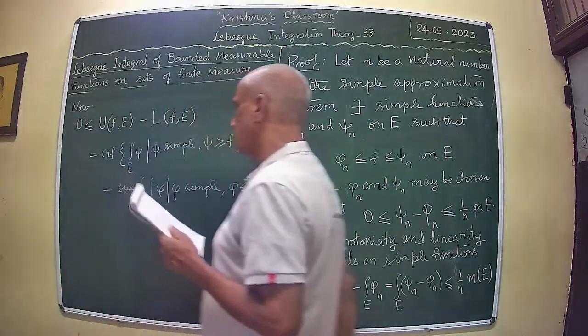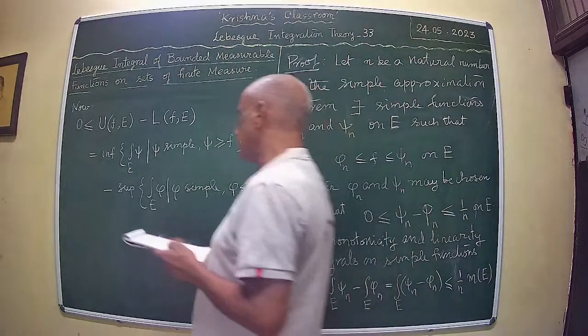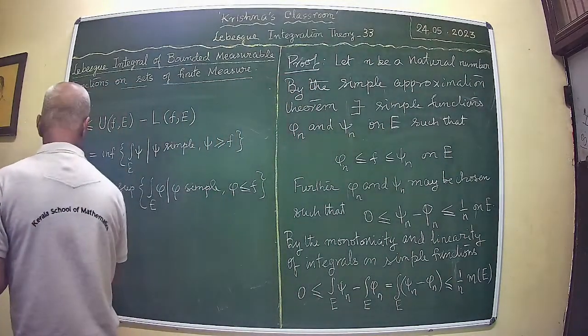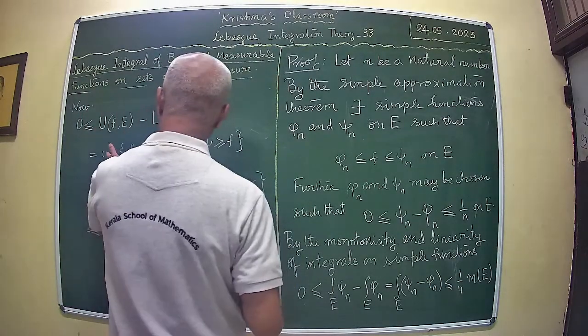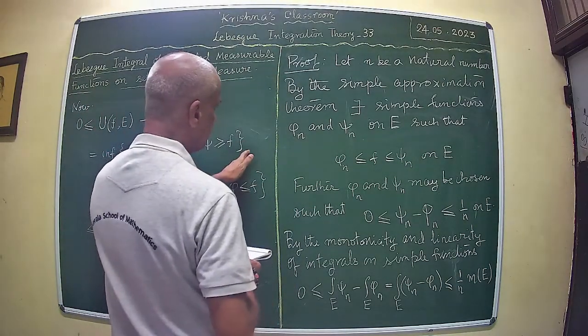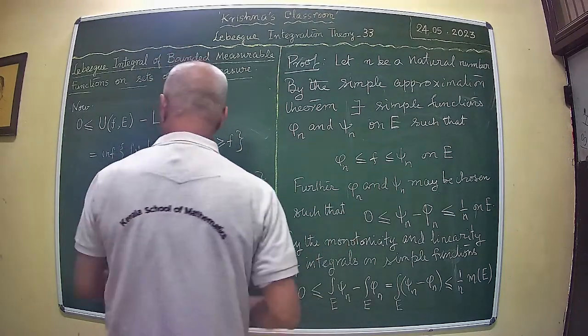This is what you get. See, this is the infimum of all this. So the integral of phi n is something bigger than this.